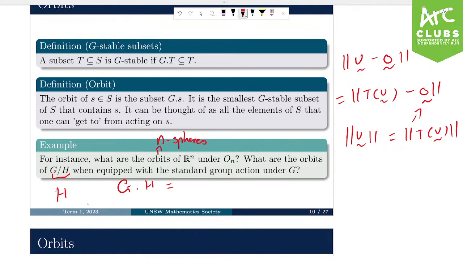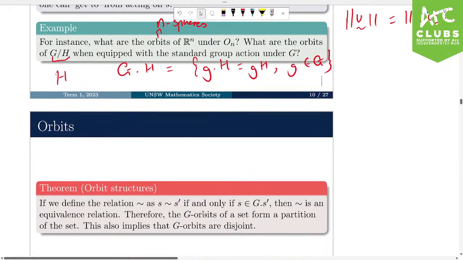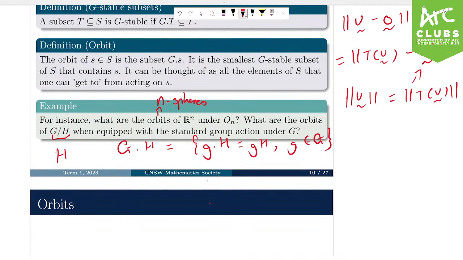This is the set gH for all g in G, and that is exactly G mod H. So there's only one orbit here, and that's the whole set.